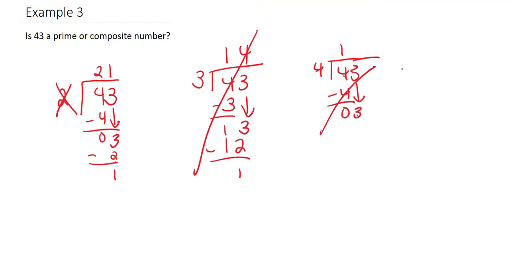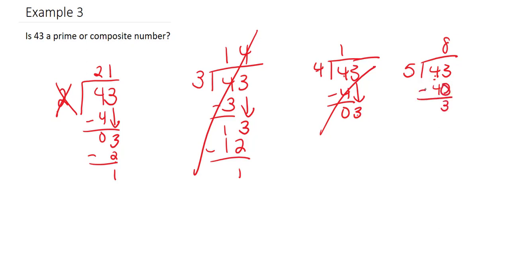We can try 5, but we know 5 times 8 is 40. 5 can't go into 4, but it can go into 43 8 times. We subtract, we get a remainder.